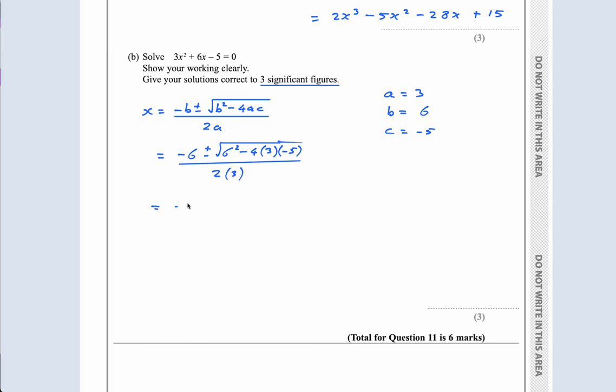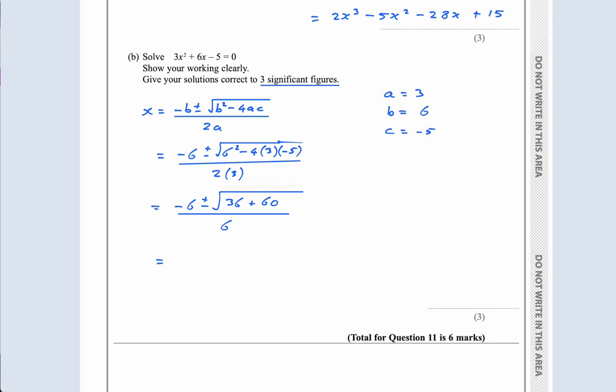And that equals -6 plus or minus the square root of 36 plus, because minus and minus is plus, 60, all over 6. Now at this stage, guys, you can just put that into your calculator and write down the answer.